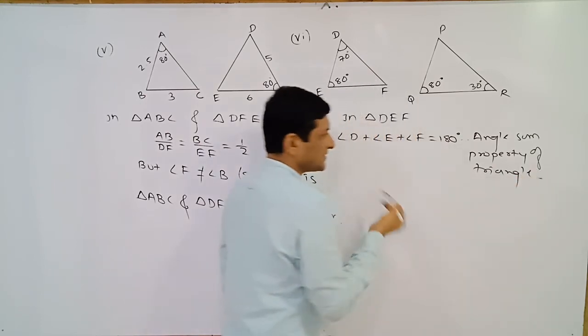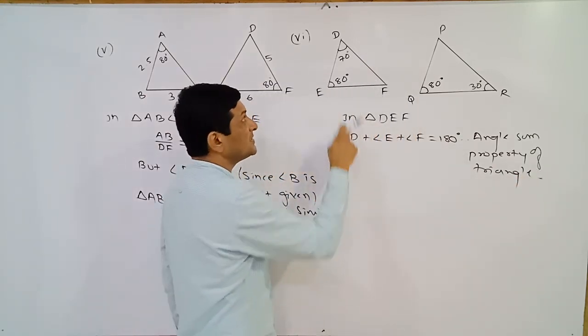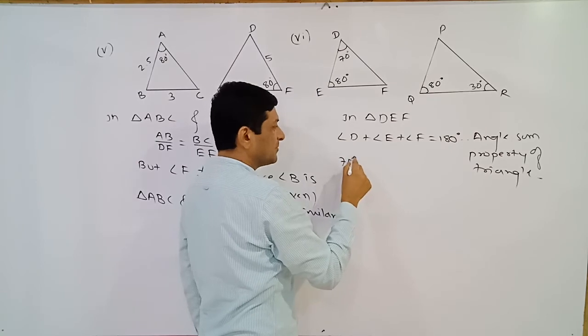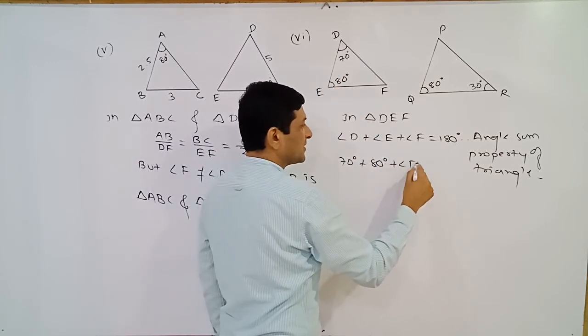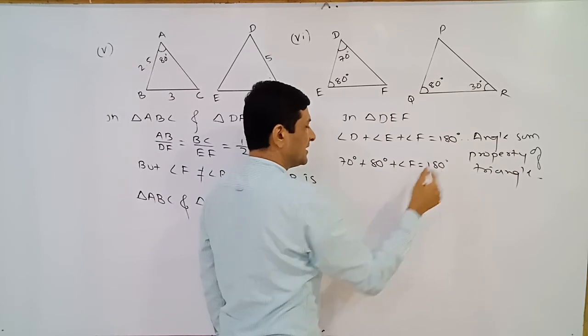Okay. Now we are substituting the values. Angle D is equal to how much? 70 degrees. Plus angle E is how much? 80 degrees. Plus angle F, keep it as it is, and 180 degrees also as it is.